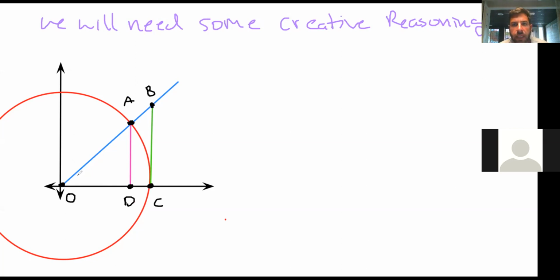So what I'd like to do is get an idea of what the sine of x over x might look like. And how I'm going to do that is draw some triangles, look at sines of x's, and see how I might gain information about the expression sine of x over x.